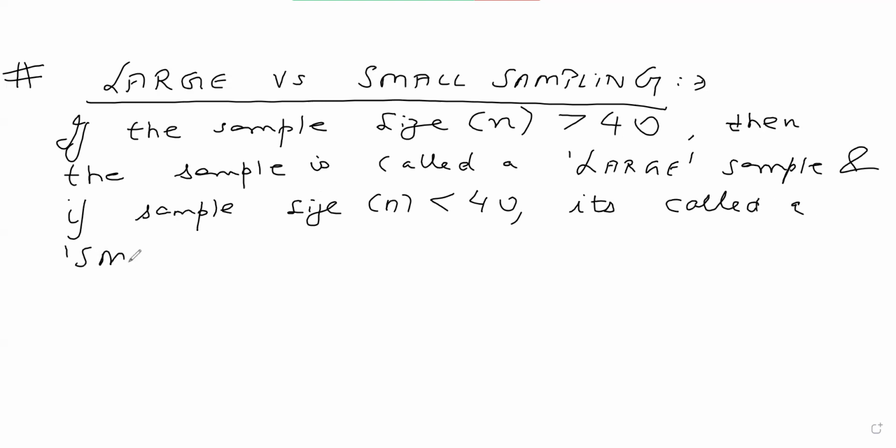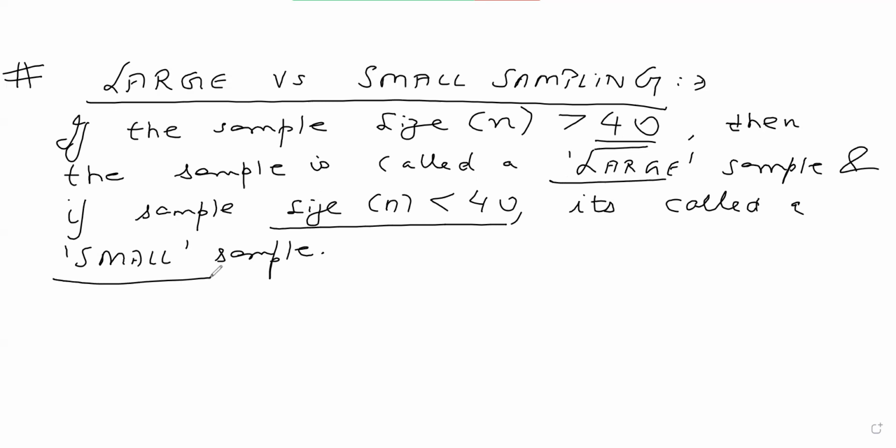So Devore takes 40 as the criteria. If you have some other book or if you are referring to some other book, you can go by the judgment and the results of that book. But in most of the cases, if the sample size exceeds 40, we consider it as a large sample. If it is less than 40, we take it as a small sample. Okay, so hoping students have understood this.